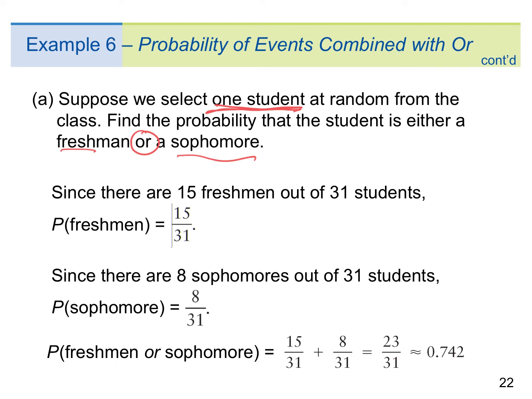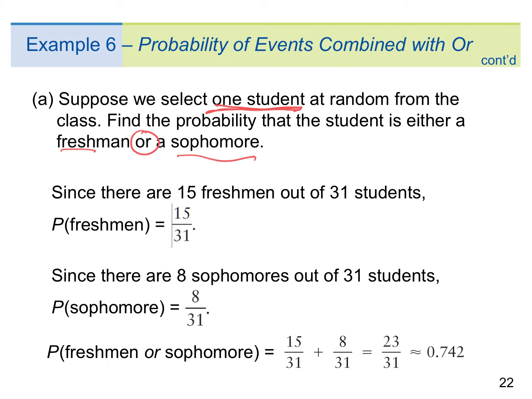Is the event mutually exclusive? Can you have a student that is a freshman and a sophomore at the same time? No. You can't be a freshman and a sophomore. So in your mind, these events are mutually exclusive.